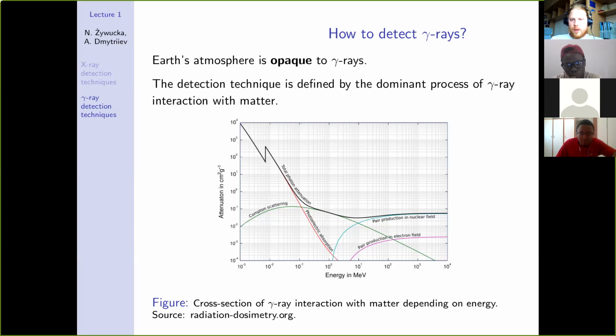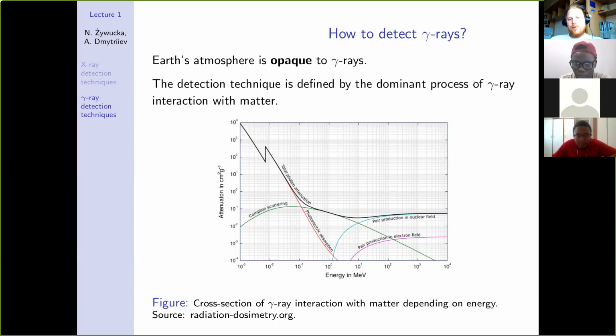You probably heard that gamma rays are photons with energies above more or less 100 keV, or 500 keV, depending on the definition, but the more standard one is 100 keV. Below that are X-rays, and above 100 keV we've got gamma rays.